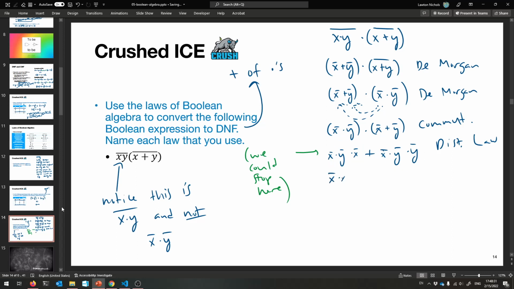X bar times y bar plus x bar times y bar times y bar. So on this side, it's already fine. So that was a commutative law again. And now I can make those 1 again, right? I could make those just fine with an idempotent law. So this becomes x bar times y bar plus x bar times y bar.